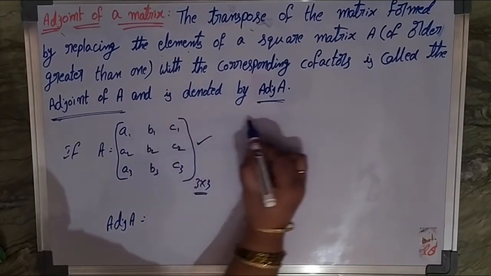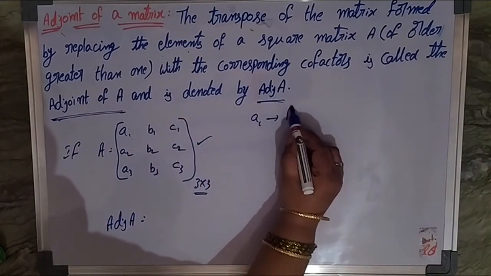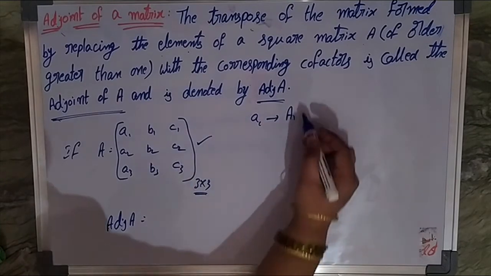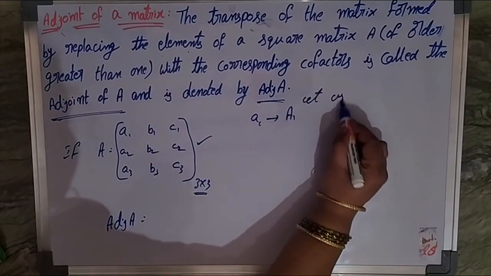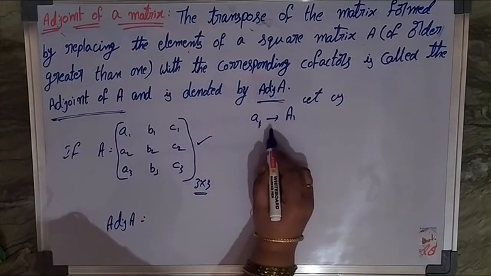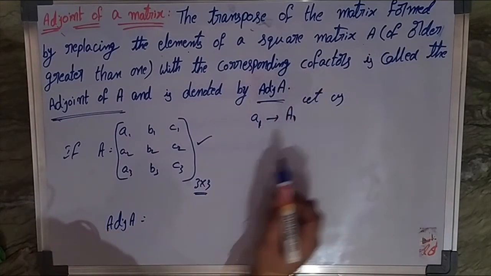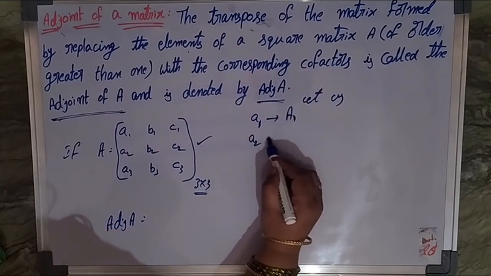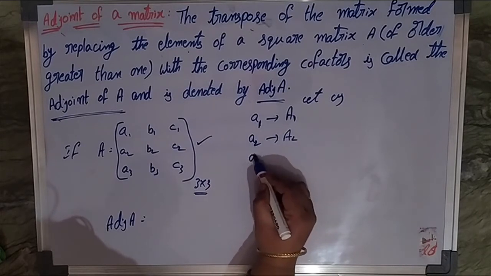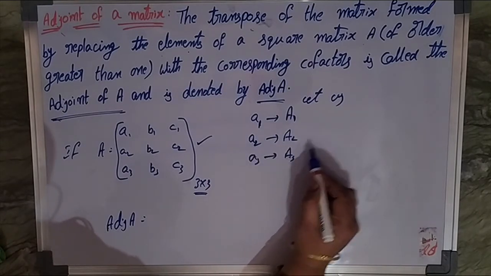Let us assume the cofactor of A1 is capital A1, similarly the cofactor of A2 is capital A2 and of A3 is capital A3.